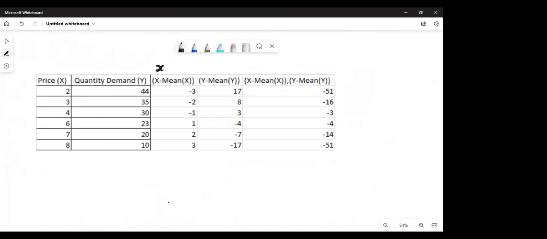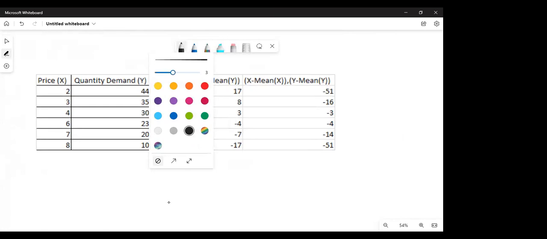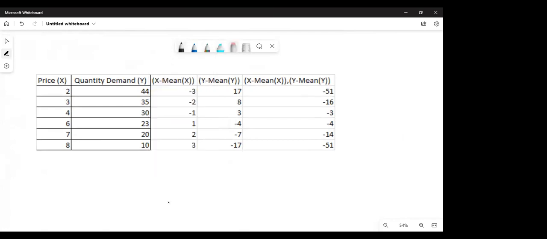This is your xi minus x bar. Can you multiply both, guys? This is your xi minus x bar. This is your y minus y bar.